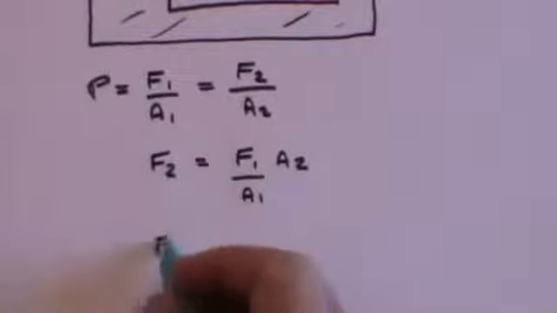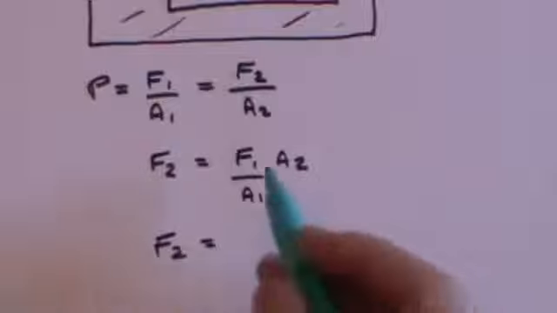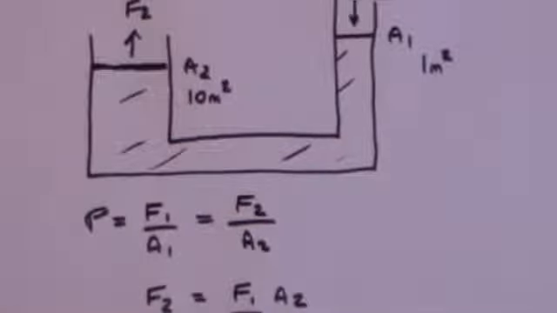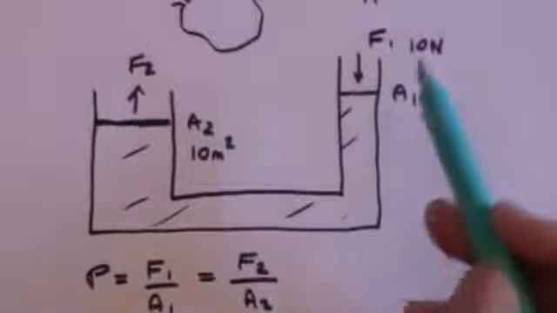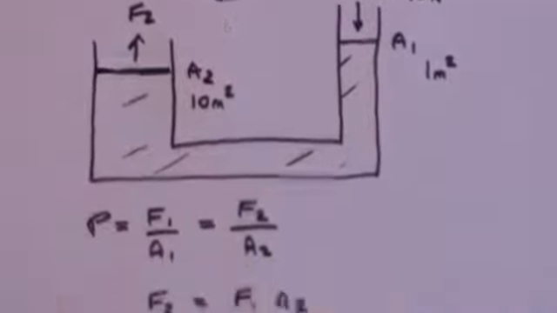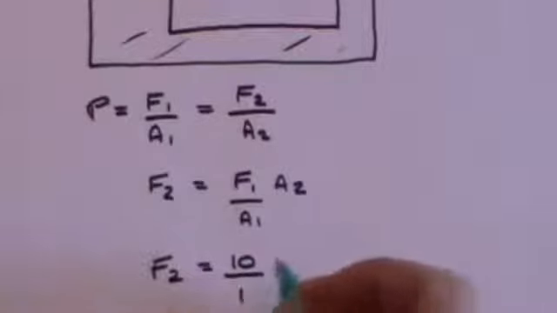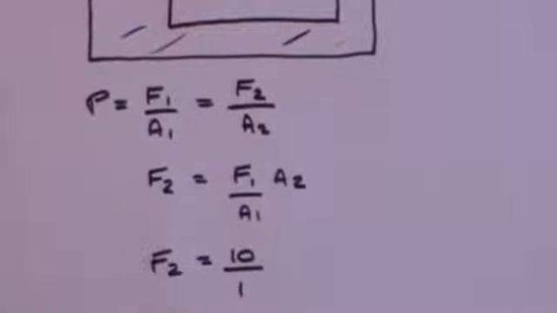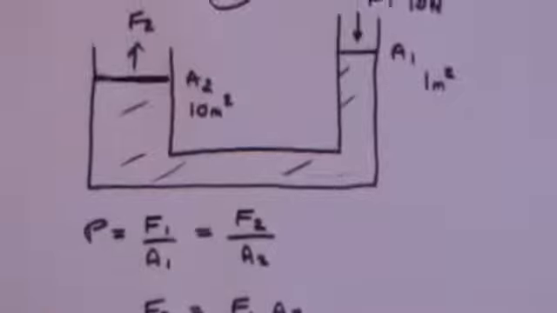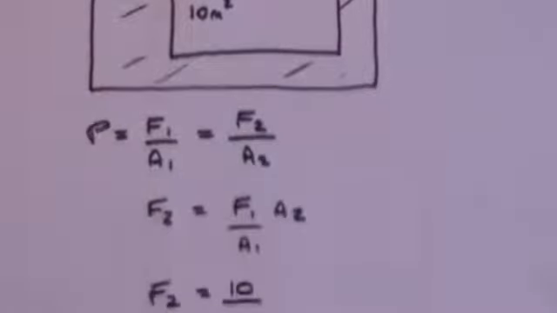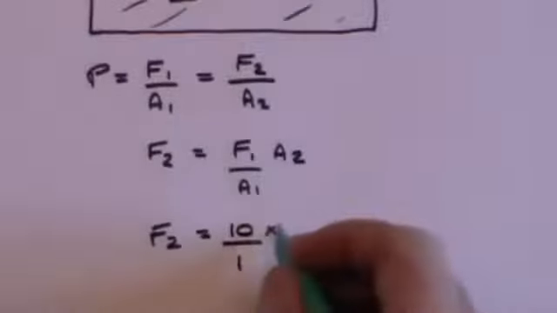So F2, which I don't know, is F1, well, I told you that was 10 newtons. 10 newtons, and A1 is 1 metre squared, so it's 10 divided by 1 times A2. Well, A2, I told you, was 10 metres squared. So it's times 10.